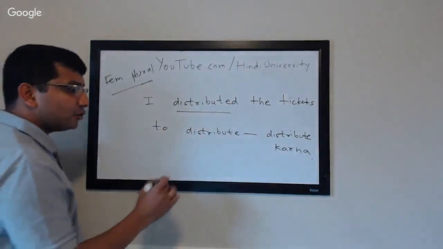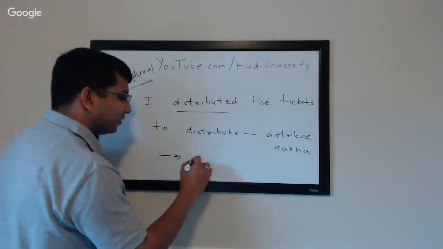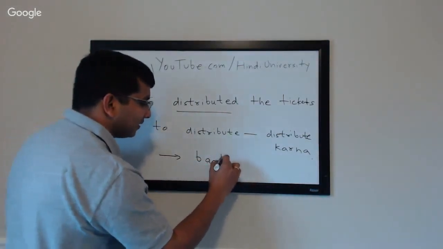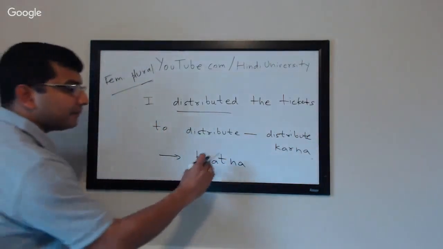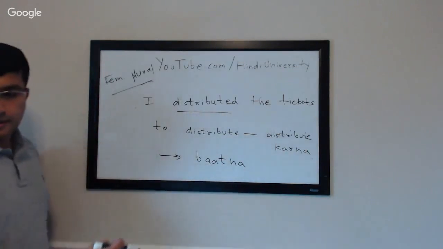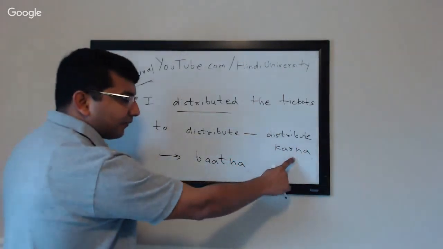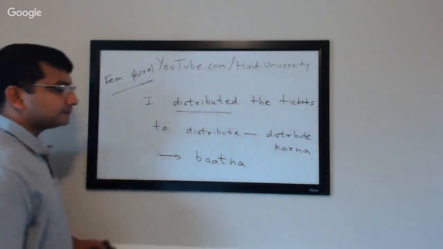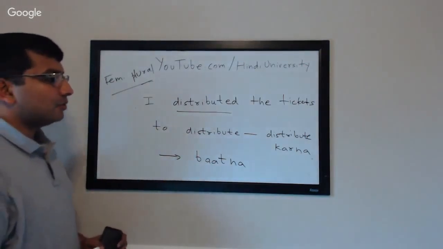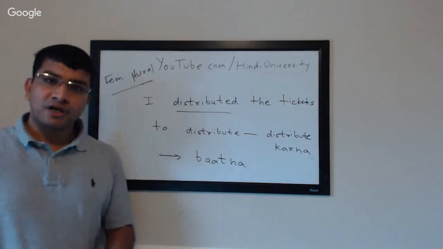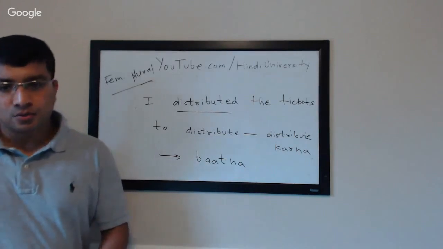That's completely fine. Or if you are really particular, you can say Batna. But then you cannot use Karna. You cannot say Batna and Karna. Either you can say noun followed by Karna, or you can say Batna. You can say मैं distribute करता हूँ, or you can say मैं बांटता हूँ.